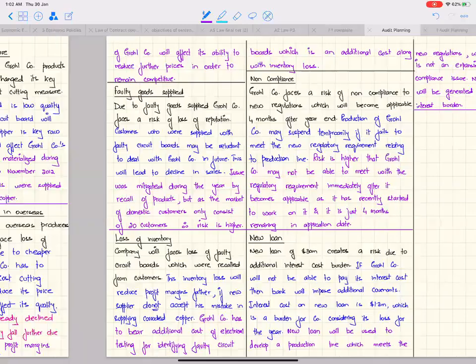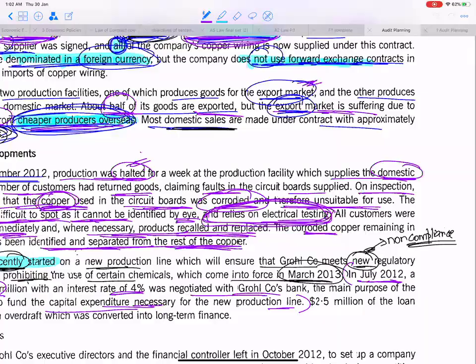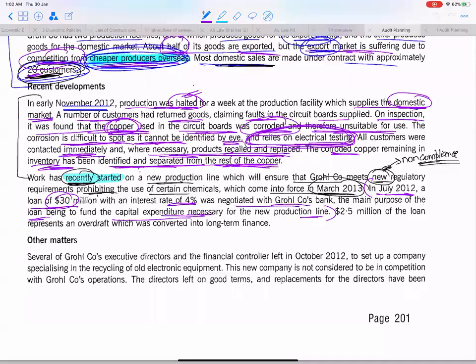Now, $2.5 million of the loan represents an overdraft which was converted into long-term finance. If a company is converting its overdraft into long-term finance, it is an indicator that the company has liquidity issues. Why?